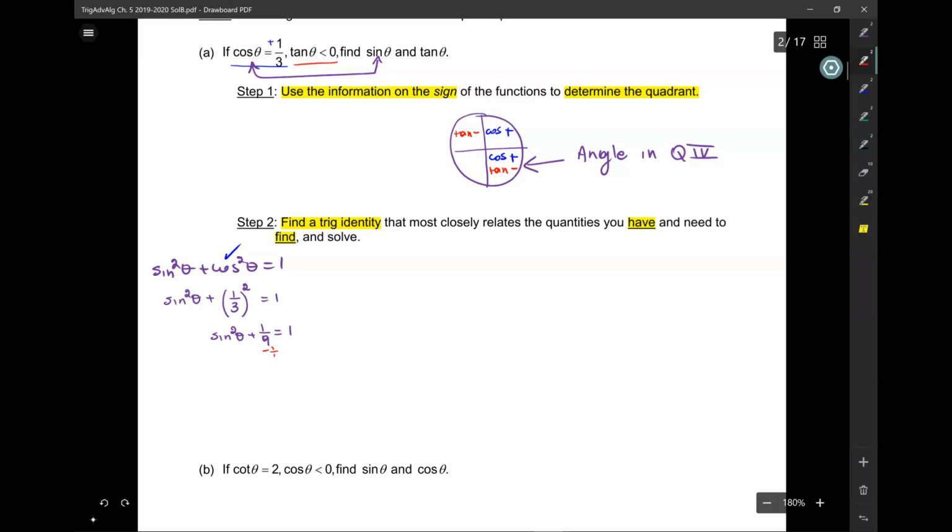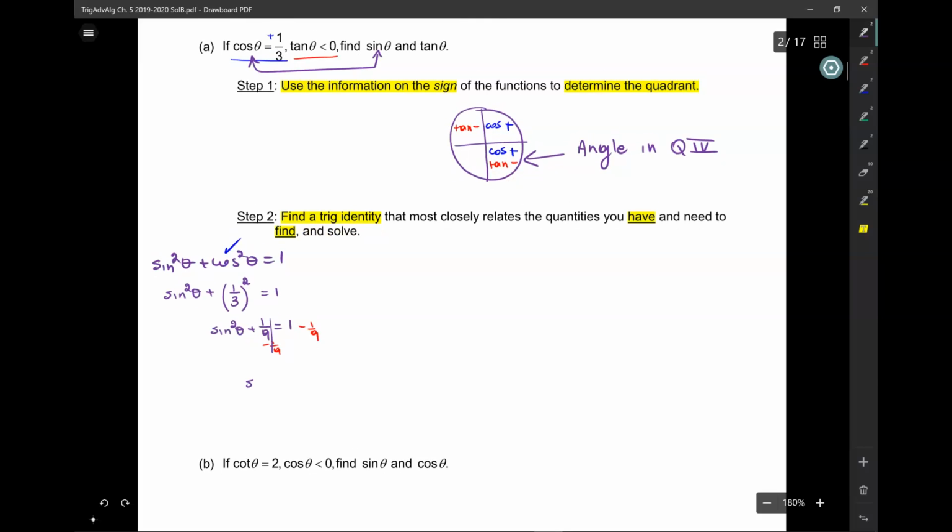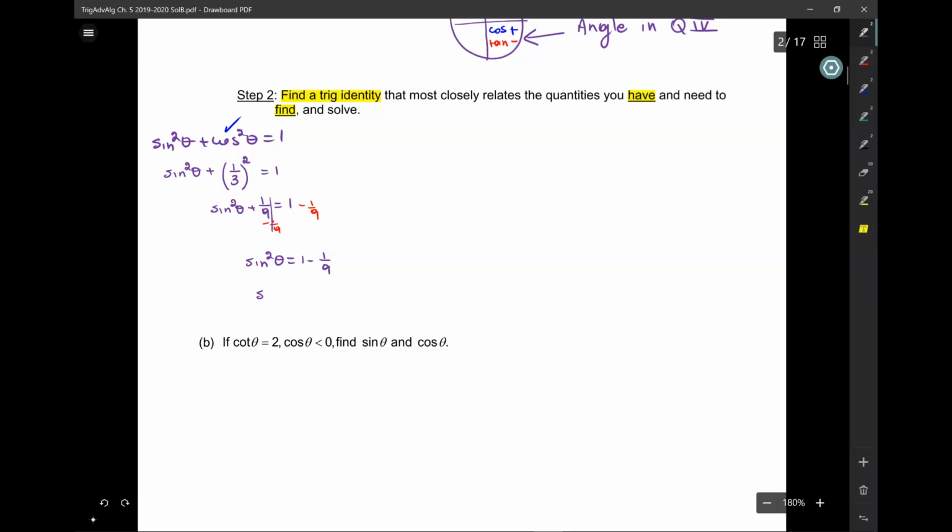Let's subtract 1/9. So sine squared theta is 1 minus 1 over 9. So sine squared theta is what? 9 over 9 minus 1 over 9 is 8 over 9.